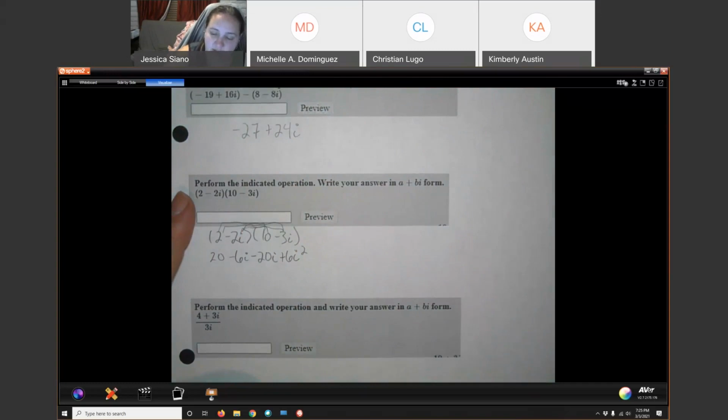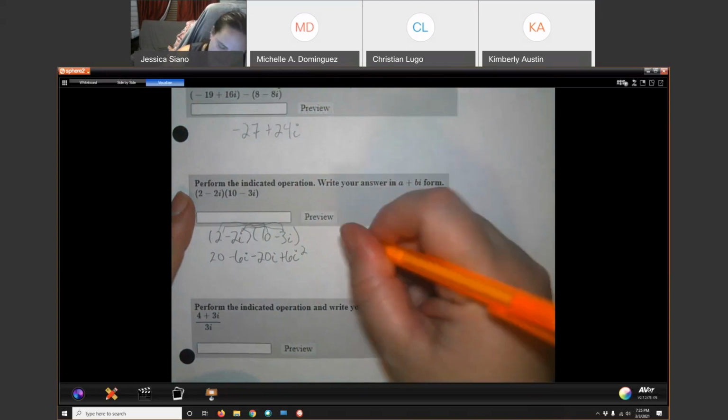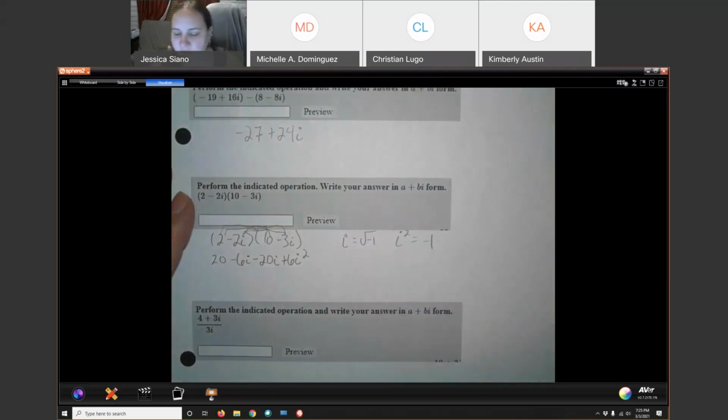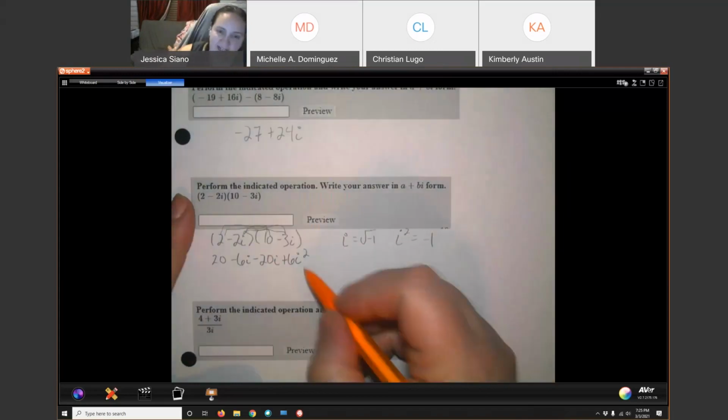Now, before I told you that i is the square root of negative 1. So what that means is that i squared is negative 1. So the way that these differ from any other problem with any other variable is that anytime we have an i squared, we need to change that to negative 1.